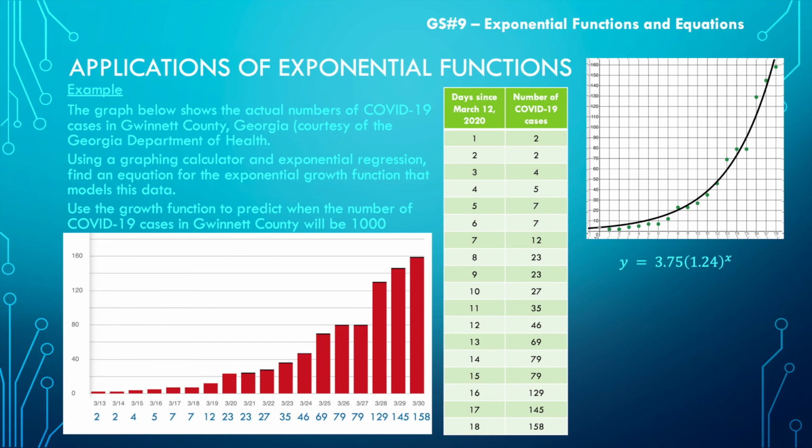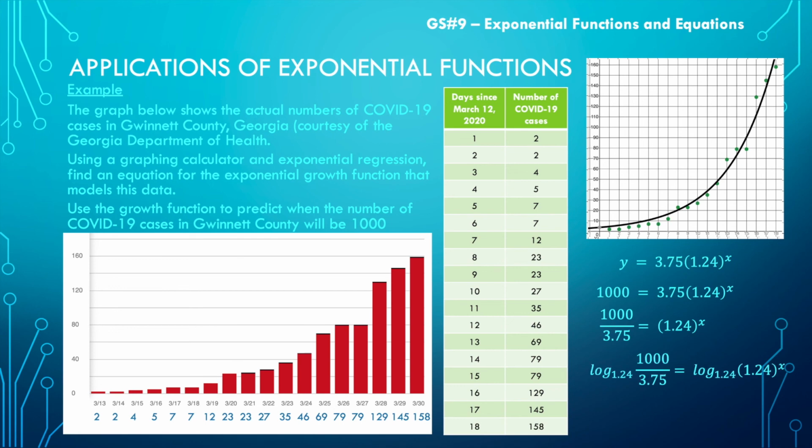Okay, and so this is our accumulated value, right, on this side. So we're going to plug in a 1,000 here. And then we're going to solve for x by getting rid of all this stuff, right? Get rid of the 3.75 by dividing it out. Now get rid of this 1.24, and I'm going to just take a log of 1.24 on both sides.